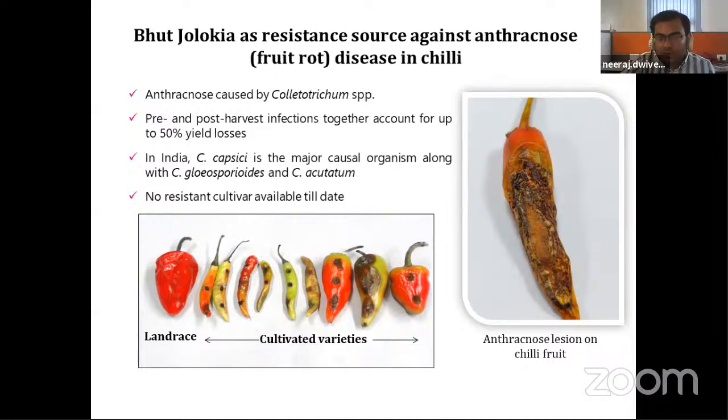Till date, no resistant cultivar is available. In 2014, it was first reported from IIVR, Indian Institute of Vegetable Research, that Bhut Jolokia has resistance against anthracnose disease. We have done some preliminary screening, and we also found that it has good resistance against anthracnose.